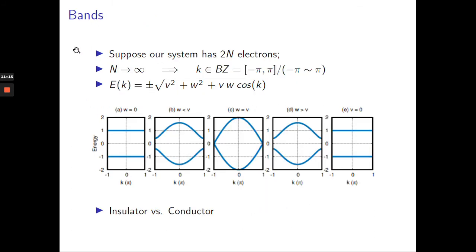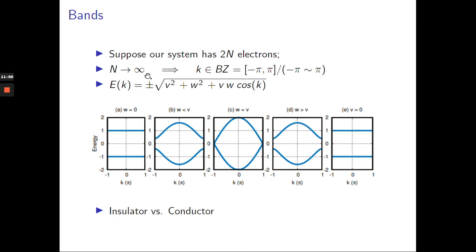So if indeed we put two N electrons in our system, and now we take the limit of N going to infinity, these problems in condensed matter are supposed to model real world materials, and there we have tons of electrons and atoms, so we can consider N going to infinity.